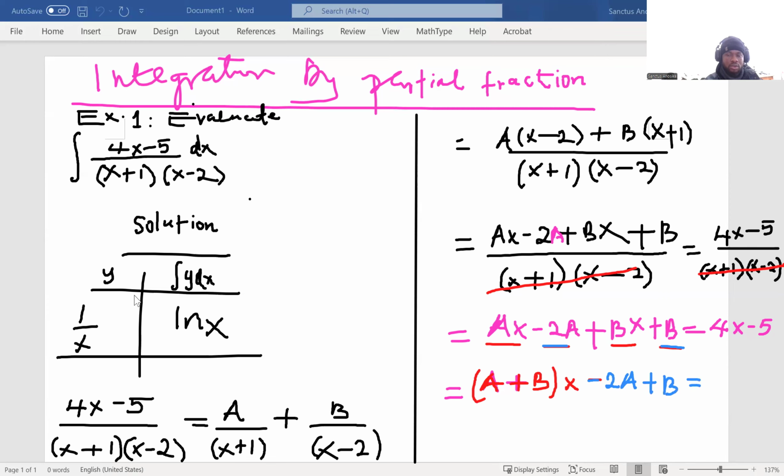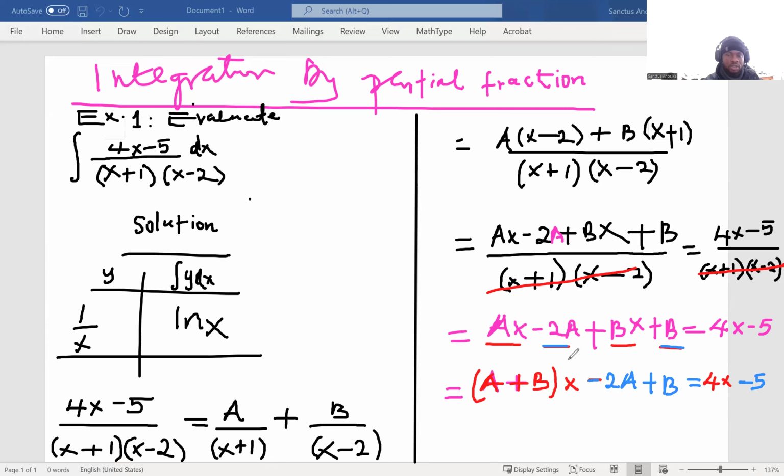So this is equal to 4x minus 5. So what does it mean?